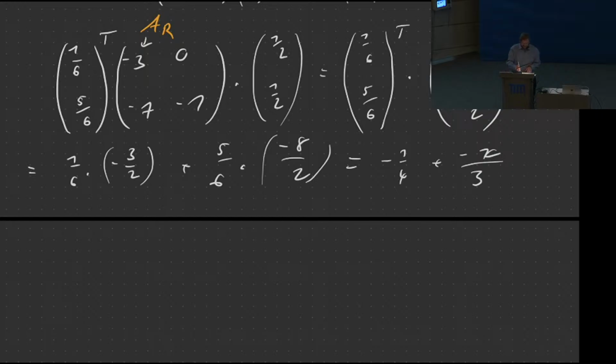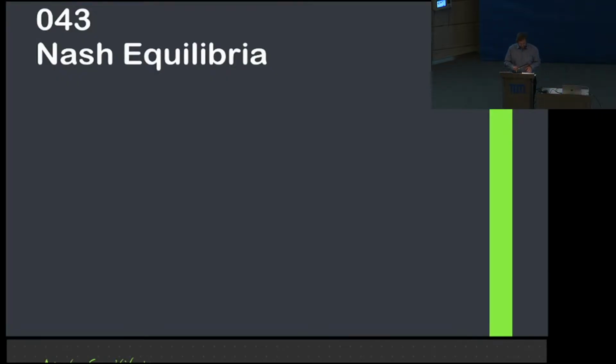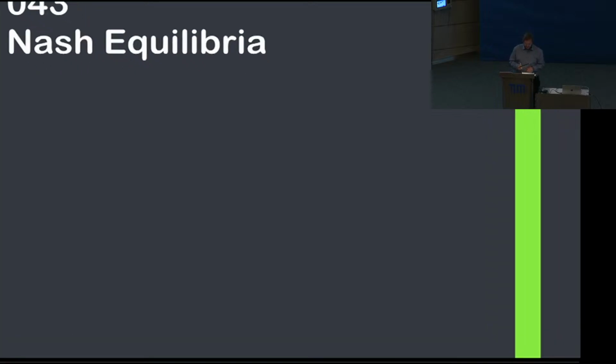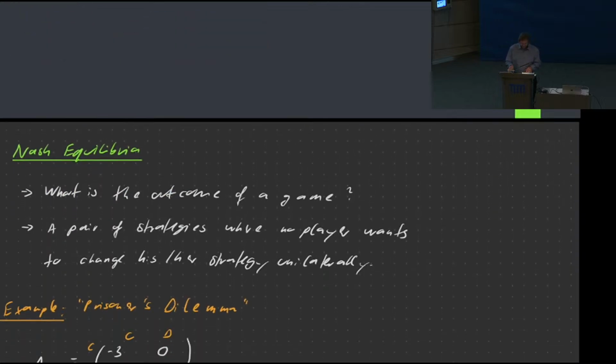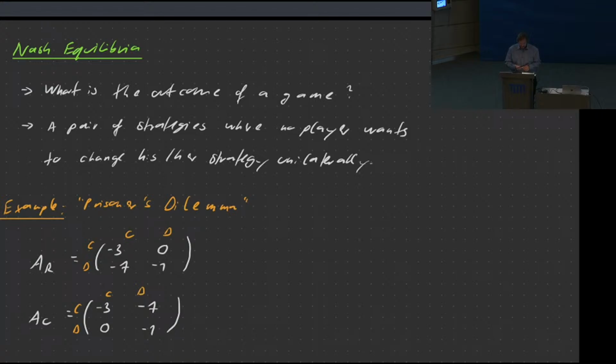All right, so let's go on. Let's discuss Nash equilibria, and then we'll take a look at the first homework. The question that we've been asking is, what can I say about the outcome of the game, and what can I say about the choice of strategies?